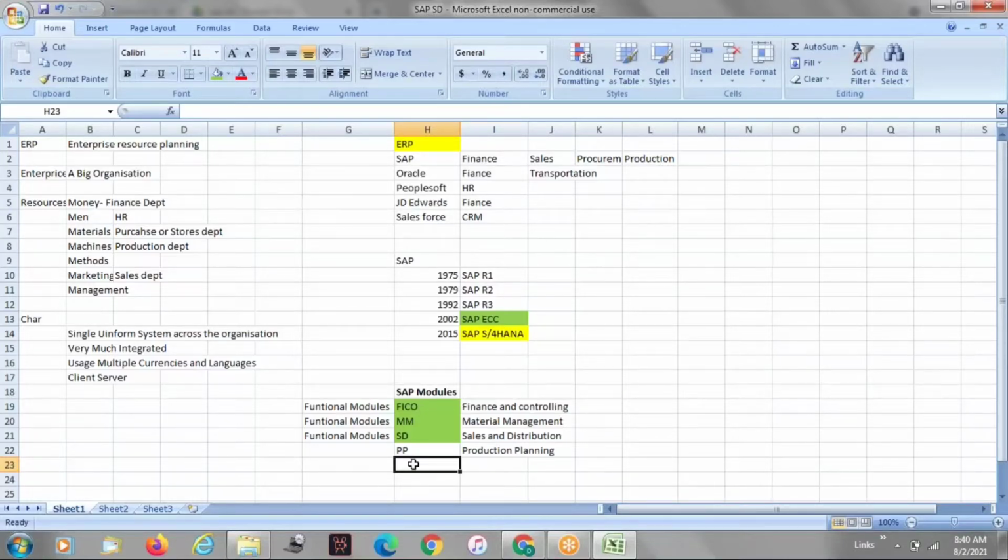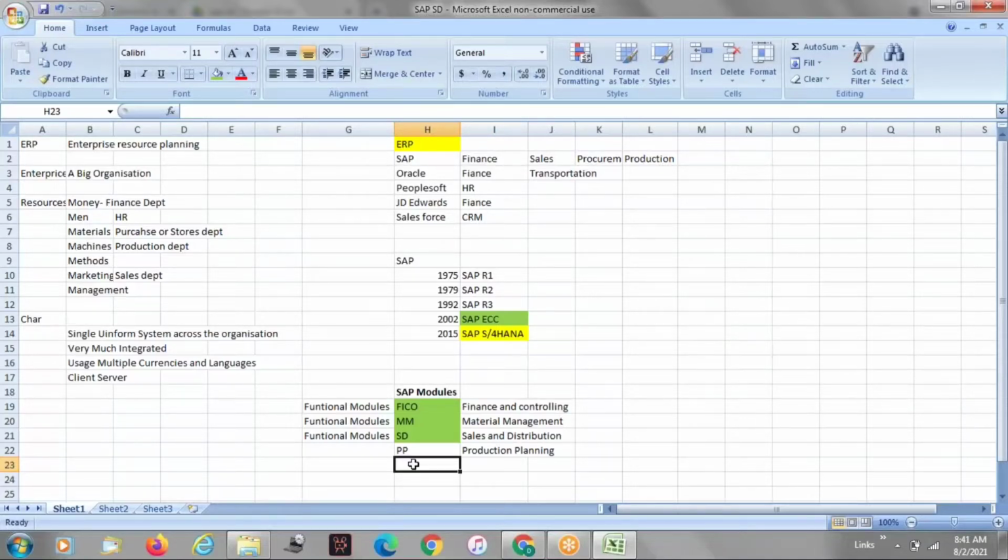But if your company is a trading company, like, let's say, Alibaba, since Amazon is not a right example because they have their own production department as well. Alibaba does not produce anything. They don't have any manufacturing. They only deal with trading goods. So if they are using an SAP system, they don't need this particular PP module.